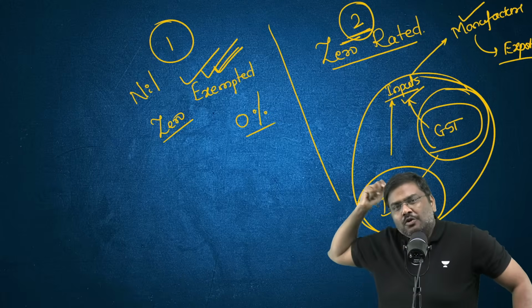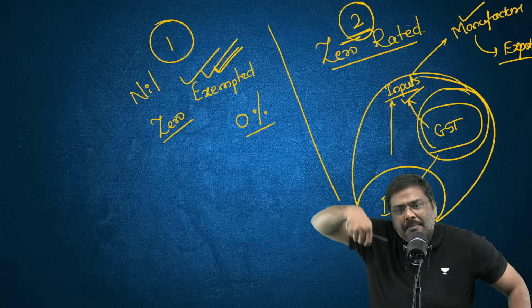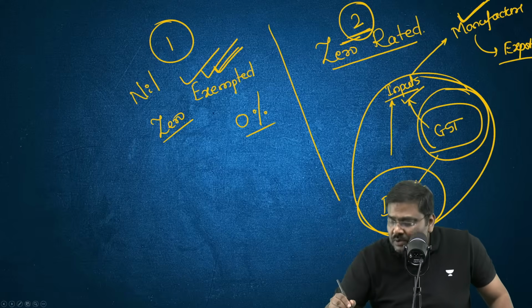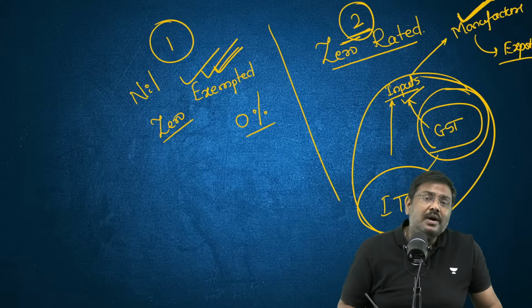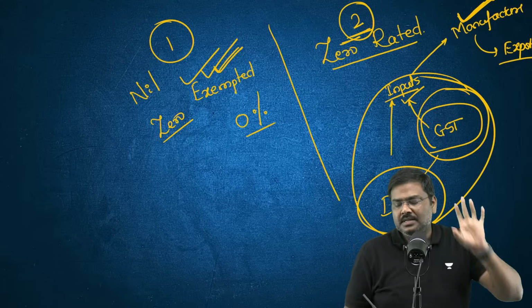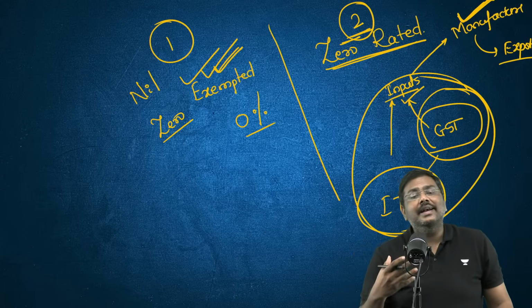So if you pay 10 rupees on the input, you will get the 10 rupees back. In that case, when you decide the market price of your product, you will not include any GST in the market price. This is called zero rated.